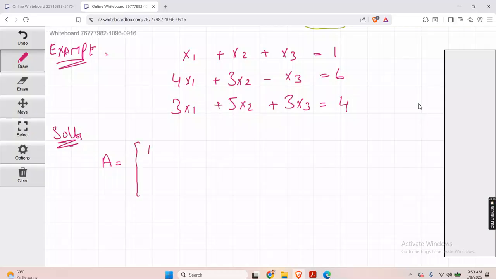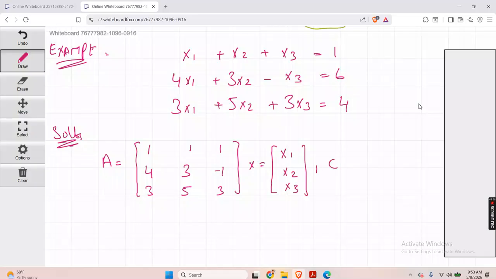Write it in the standard form. We have 1, 1, 1. We have 4, 3, minus 1. We have 3, 5, 3. X is equal to x1, x2, x3. Matrix B or C or whatever, doesn't matter. It's 1, 6, 4.